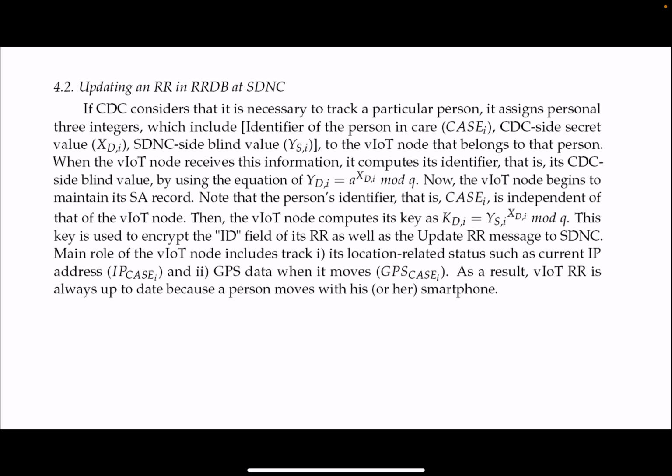This key is used to encrypt the ID field of its RR as well as the update message RR to SDNC. The main role of this virtual IoT node includes tracking its location related status, such as current IP address and GPS data when it moves. As a result, the virtual IoT RR is always up to date because a person moves with his phone.